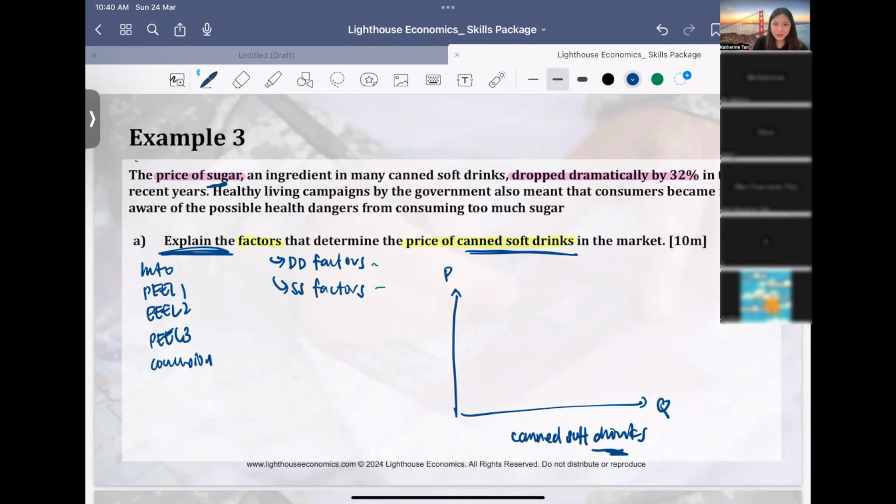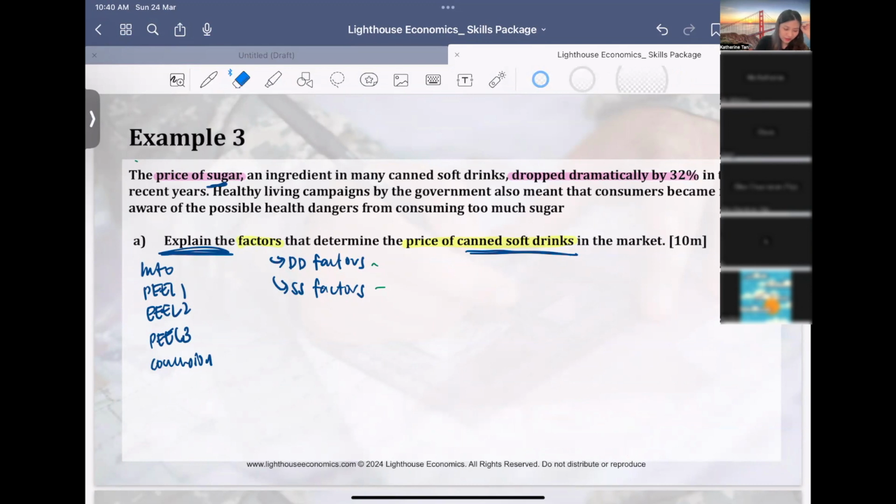You need sugar to create canned soft drinks, so it's actually a supply factor. Price of sugar is a supply factor. Why? Because when there's a rise in price of sugar, it means there's a rise in the production cost of cans of drink, and hence this will lead to a fall in supply.